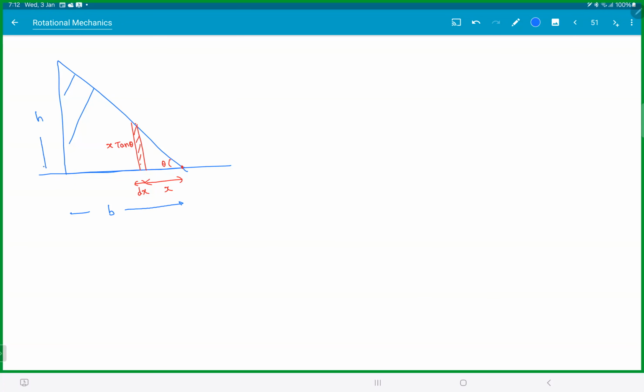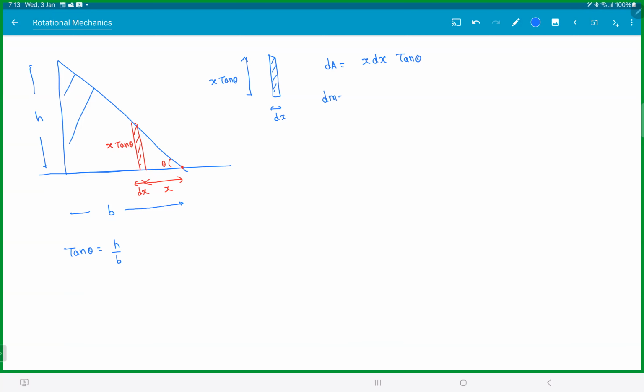This height is h. Tan theta will be h by b. So for the thin strip, the width is dx and the height is x tan theta. So the area of this rectangle will be x dx tan theta. And remember, tan theta is constant anyway.